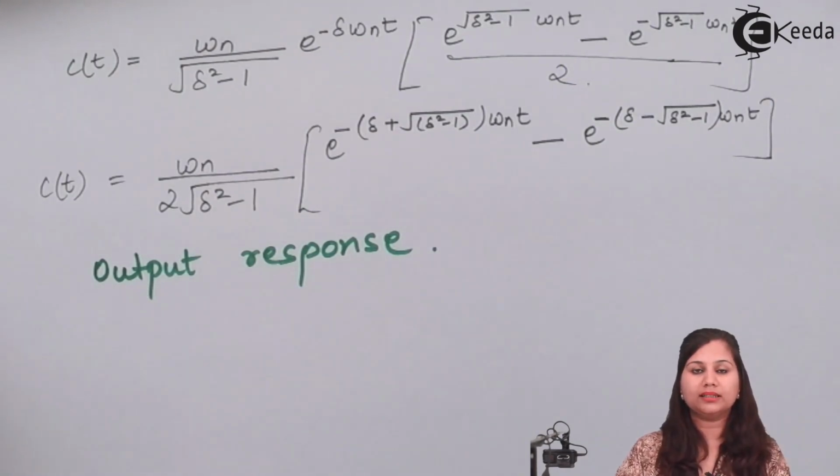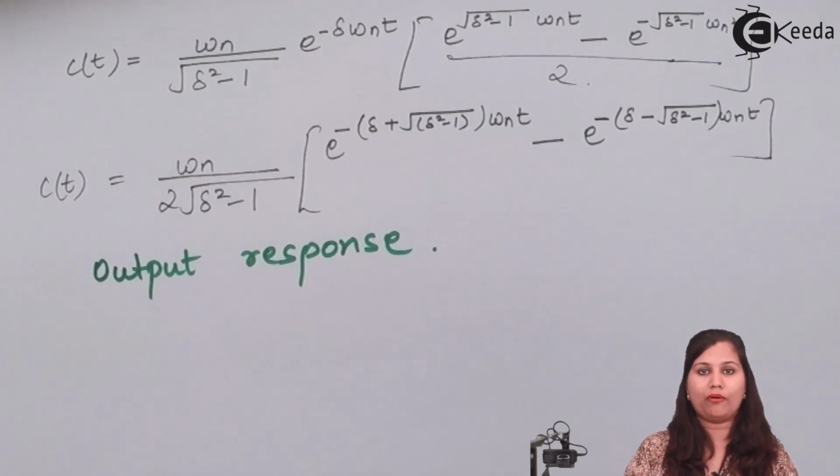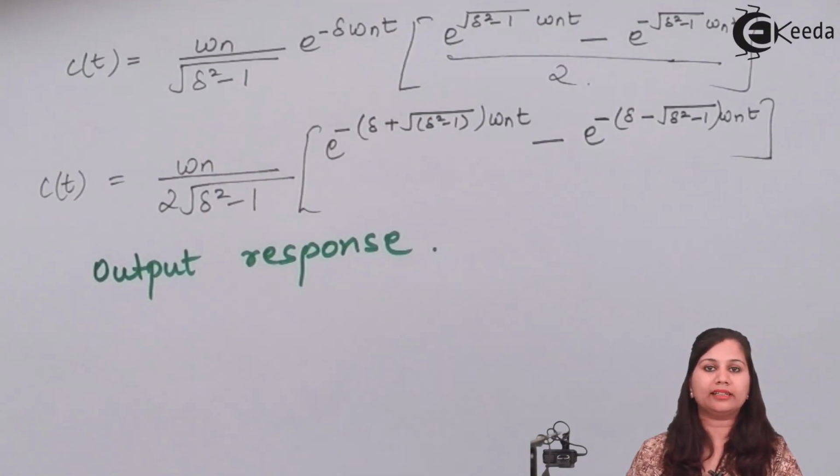First, we considered the generalized form of the transfer function, and then we applied the input, which is unit impulse, and we took the Laplace transform, which was R(s) equals to 1. Then we put the value of R(s) in that formula, simplified it, took the inverse Laplace transform, and got the output response C(t) for the second order control system.